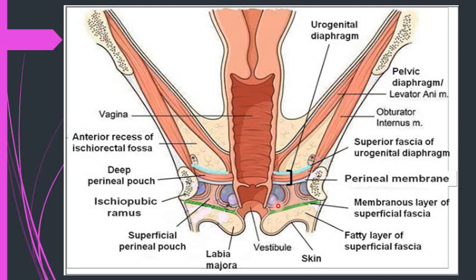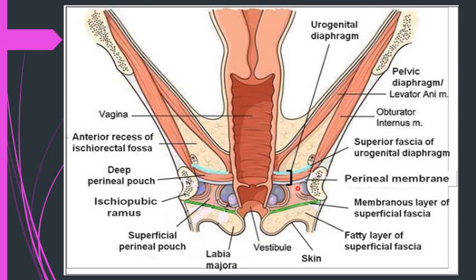Now these are making up the bulbospongiosus muscle, that is the muscle which is covering the bulb of the vestibule, and there is the ischiocavernosus, which is the muscle that is covering the erectile tissue, that is the clitoris.